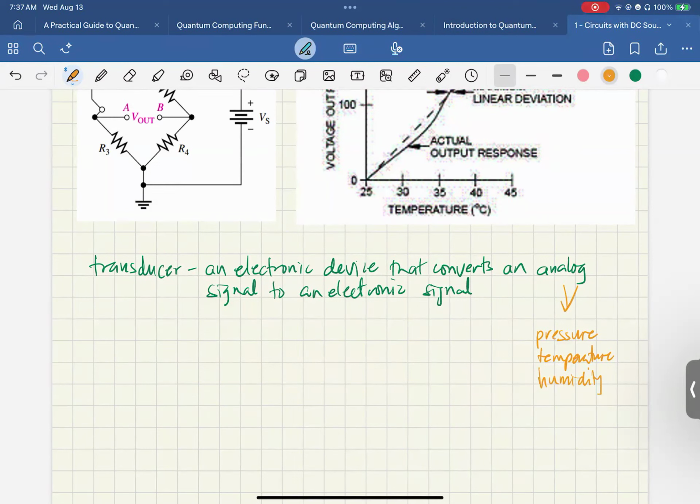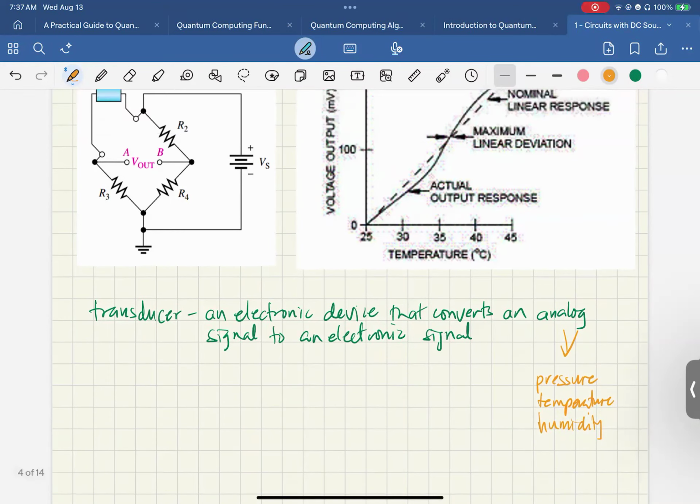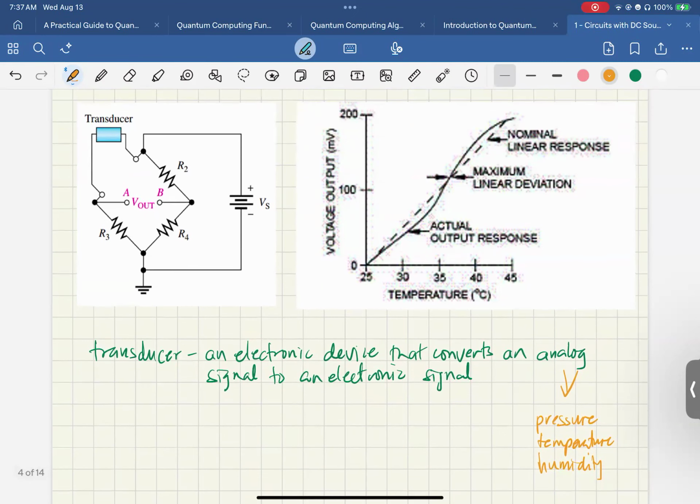Okay, and what the transducer does is to convert itong pressure na ito into an electronic signal na pwedeng basahin ng inyong circuit, na inyong electrical circuit. Okay, so I believe na isa sa mga magiging experiments ninyo sa lab is how to calibrate or how to make an electronic thermometer.